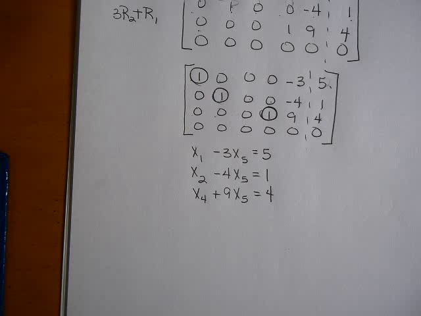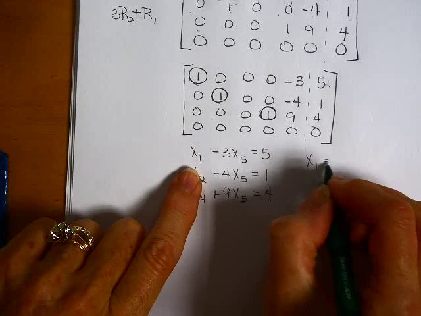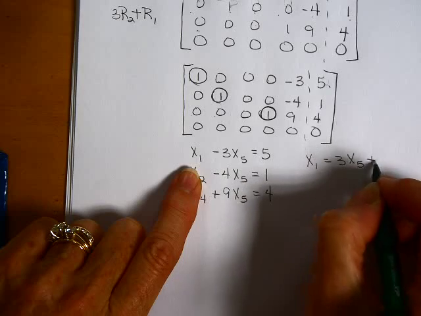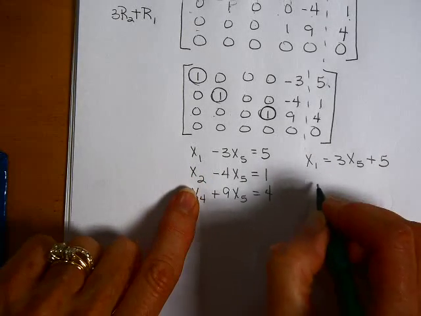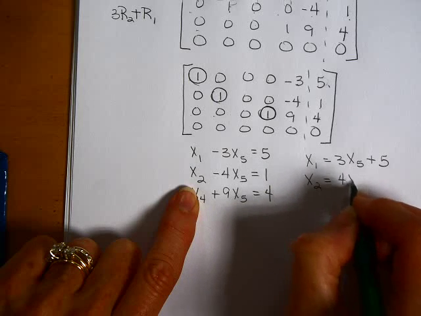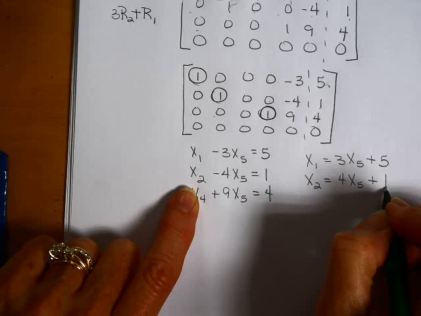Okay, I've got 3 basic variables. So I solve for those 3 things. Everything else will be free. So x1 is 3 x5 plus 5. x2 is 4 x5 plus 1.